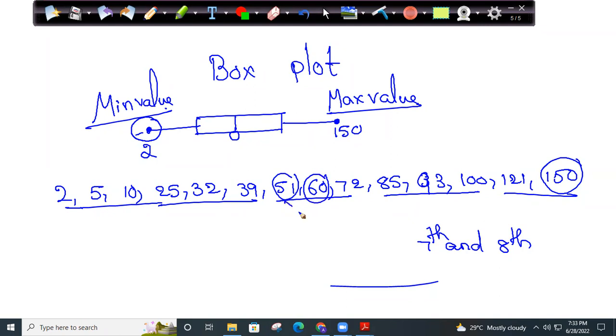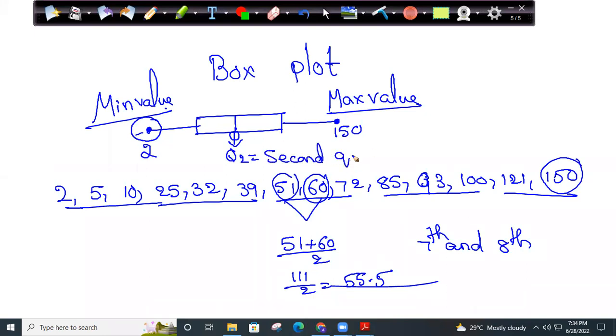So 51 and 60 are the middlemost terms. Take the average of those two terms: 51 plus 60 by 2, which is 111 by 2, which is 55.5. This is also called Q2, the second quartile. The second quartile is also called the median. So this represents the median, and the median value is 55.5.